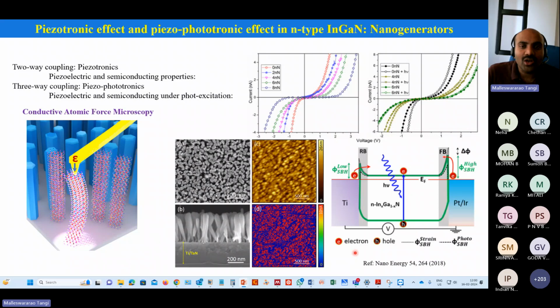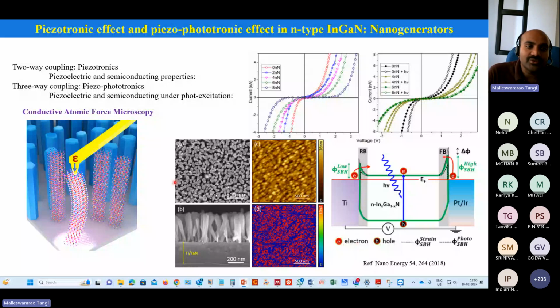In another work, we also utilized this material for the piezotronic and piezo-phototronic effect. In this study, we grew titanium on sapphire and titanium over tantalum nitride, and on top of that template we grew indium gallium nitride, but these are heavily doped by silicon, having a carrier concentration around 10^9 per cubic centimeter.